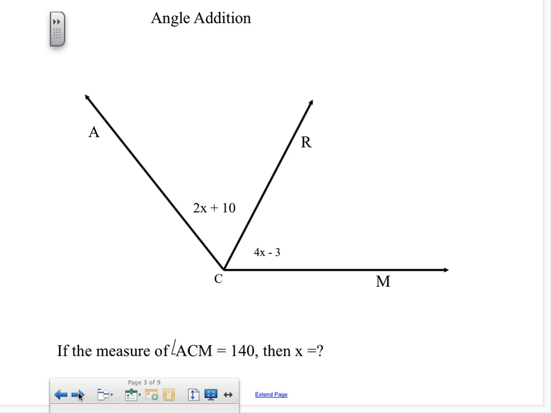A couple very simple properties we're going to be dealing with for angles. First off, angle addition. Basically, it's saying this. If I take this angle measurement right here, and I take this angle measurement right here, and I add them together, I'm going to get the big angle measurement. Okay?